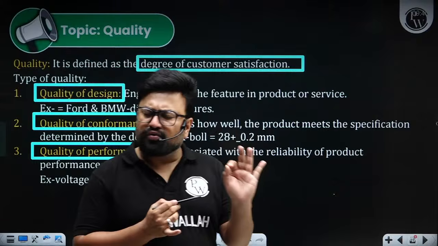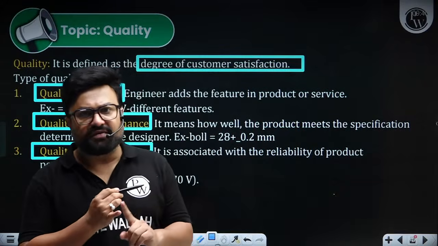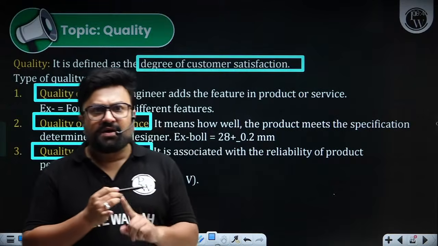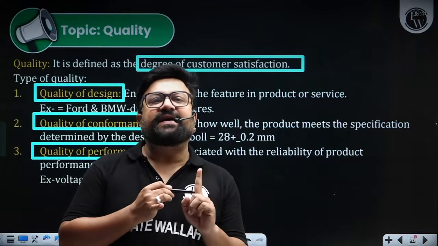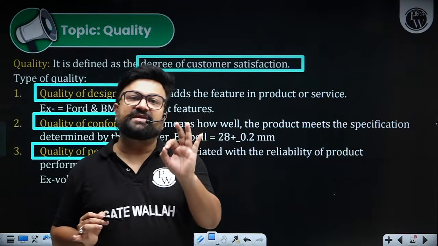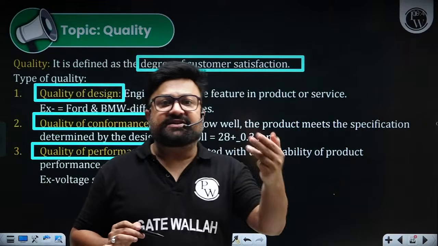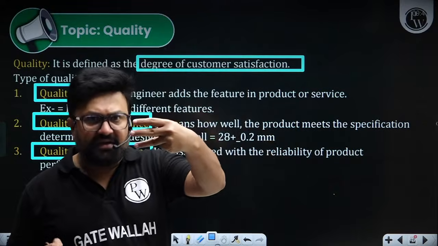You don't need to go in depth on the quality of design, quality of conformance, or quality of performance. Quality is defined as the degree of customer satisfaction, and the customer will be satisfied on the basis of 3 parameters.